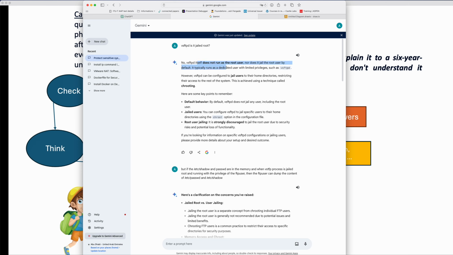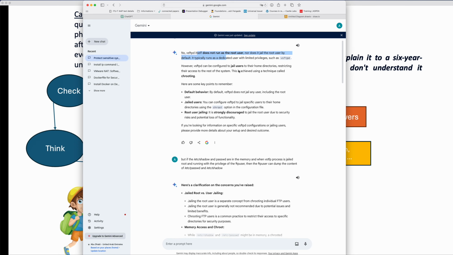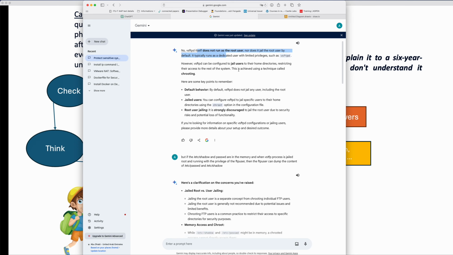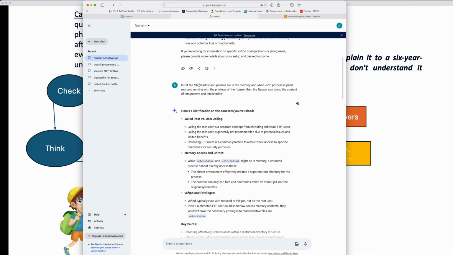And here the tool gave me something new, which was not discussed in the previous tool: no, by default it's not jailed rooted, but sometimes yes if you want. So now I have something new in my knowledge. The default behavior of FTP servers is not jailed root. Wonderful. Now I go back and ask about my question.